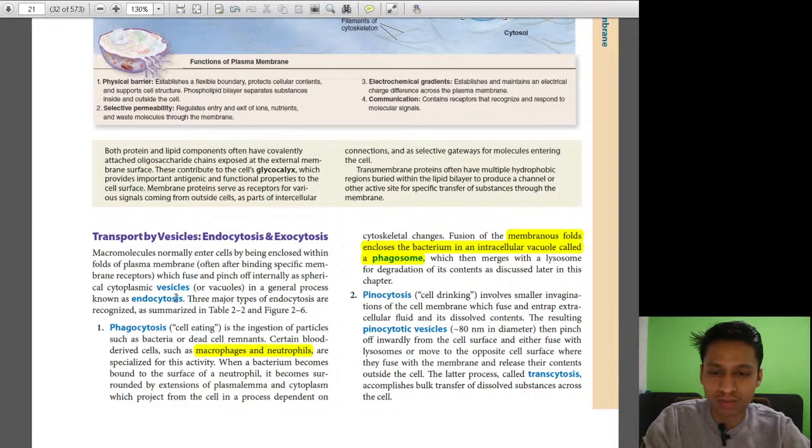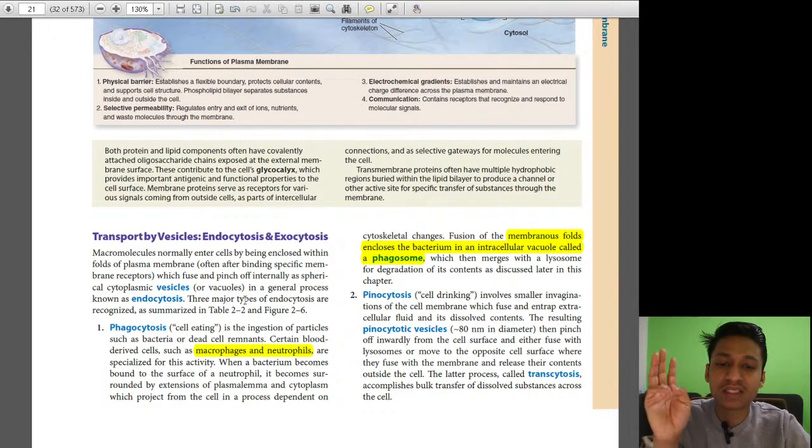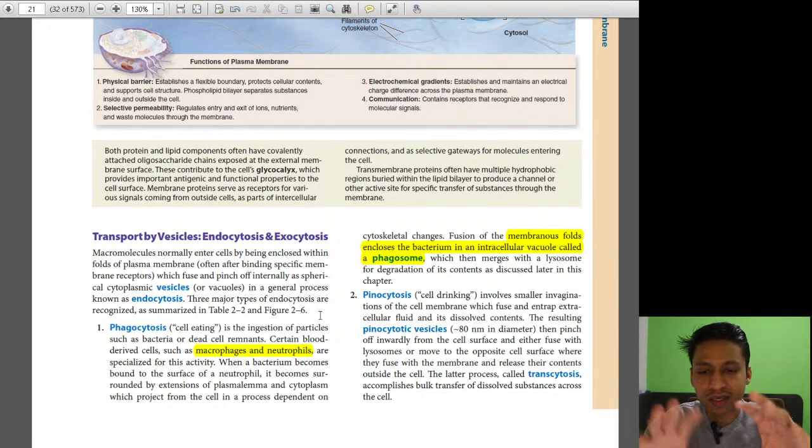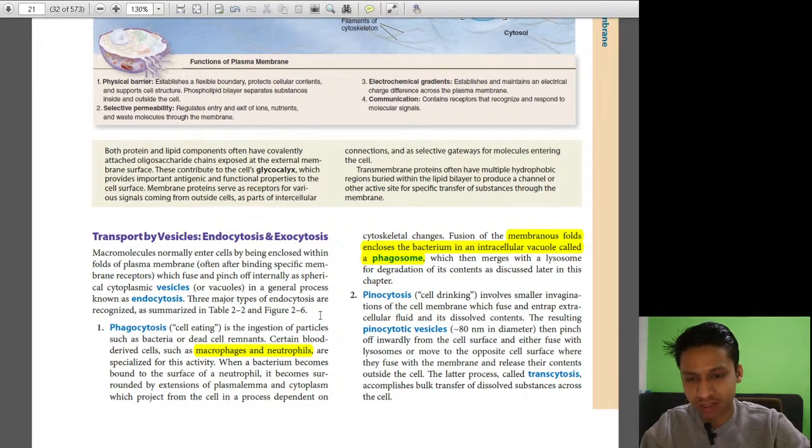So basically, endocytosis is this general process where the plasma membrane folds and engulfs a specific type of vacuole, a vesicle, and this process is called endocytosis. Three major types of endocytosis are recognized and summarized in table 2.2 and figure 2.6. We will go and check them, but let's read the text first.